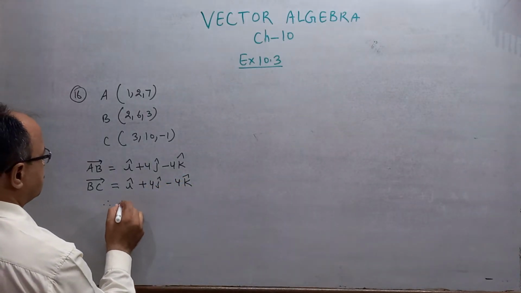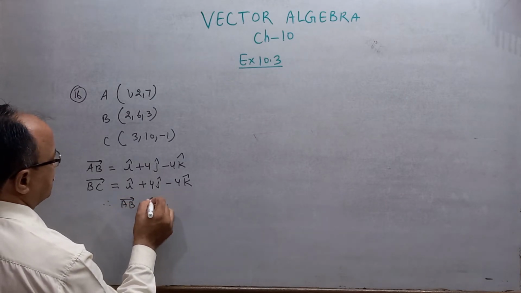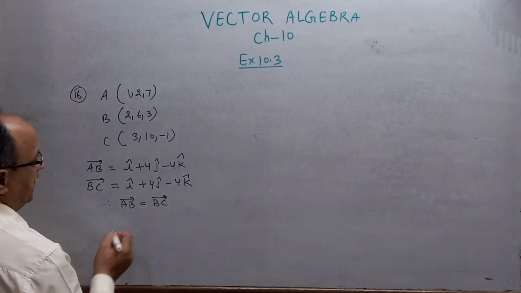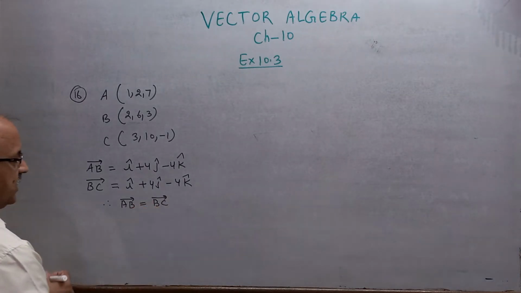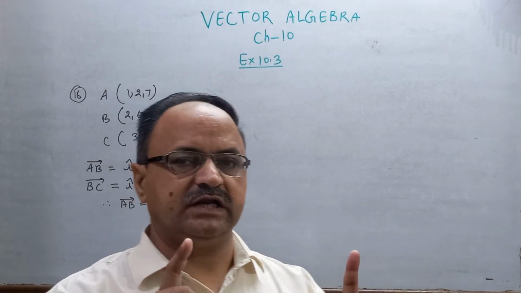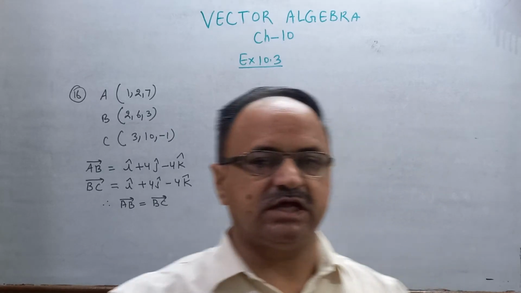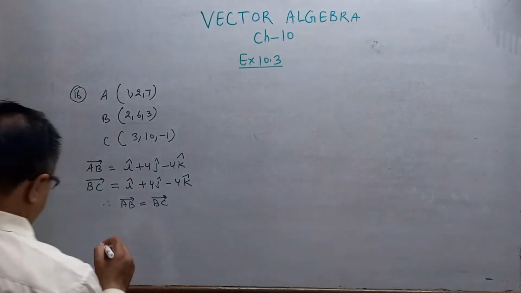Therefore you can say vector AB is equal to vector BC, and here the value of lambda is 1. The condition of collinearity is vector A is lambda times vector B, where lambda is a non-zero scalar. Therefore, you can see A, B, C are collinear.